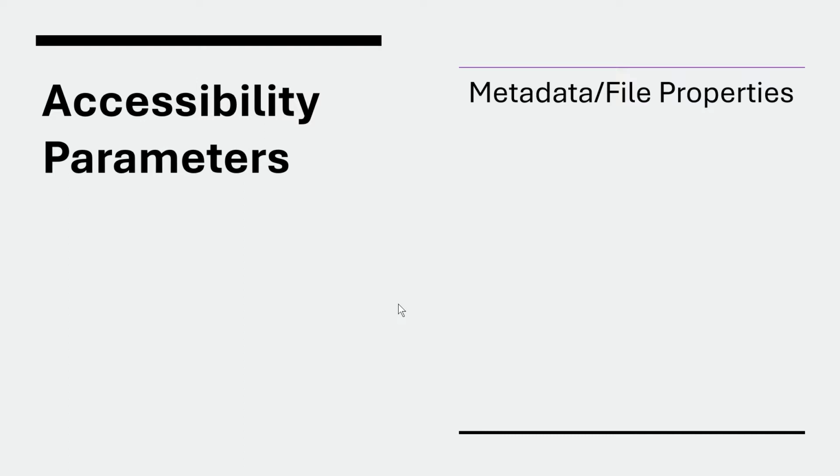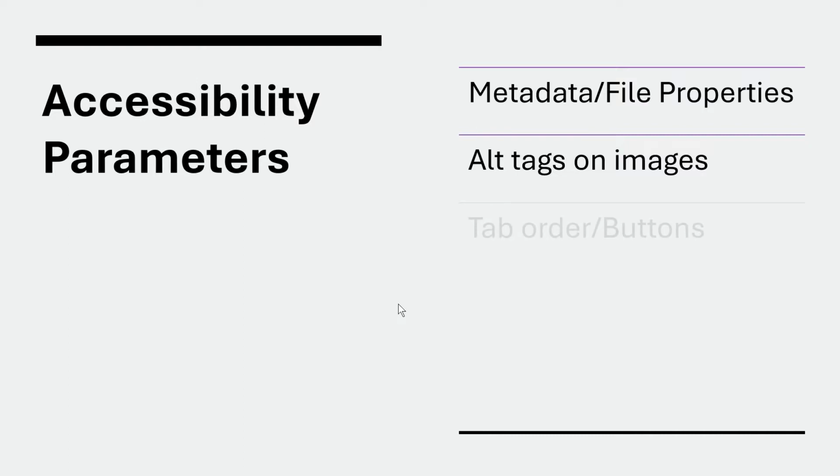So these screen readers will actually read the screen to each individual who is using your training module, and it'll read back to them the metadata, for example. You'll also see that alternative tags or alt tags are applied to images. Screen readers cannot read an image. So what we have to do as developers is put what we call alt tags or a descriptor on the images describing what the image is, because the user and the screen reader cannot actually see the images.